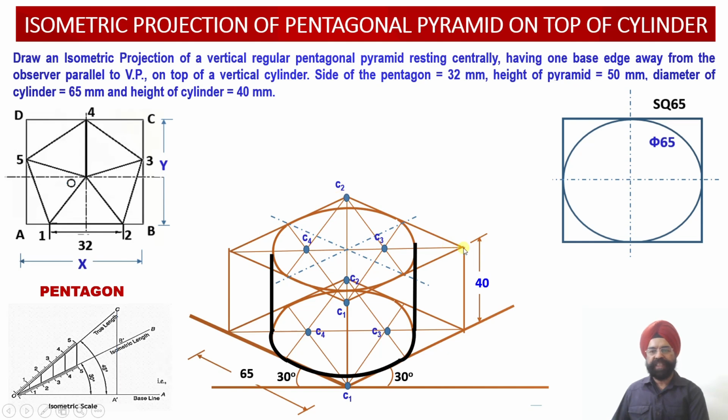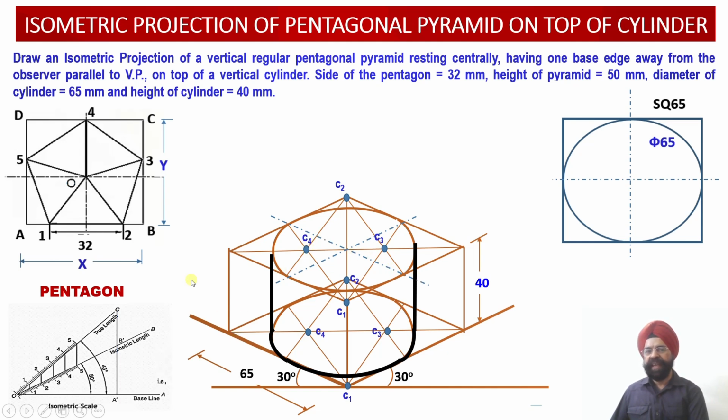Similarly, the midpoint of this edge will also be obtained, and once I join these two midpoints, I will get a center line which will be parallel to my z axis. Similarly, the midpoints of the edges corresponding to the top face of the square will be evaluated, and they will be joined. So one center line will be obtained which will be parallel to the x-axis.